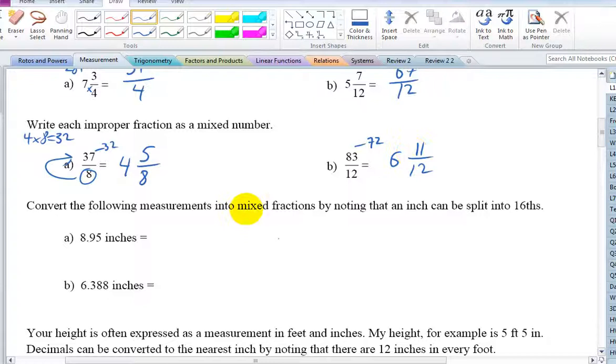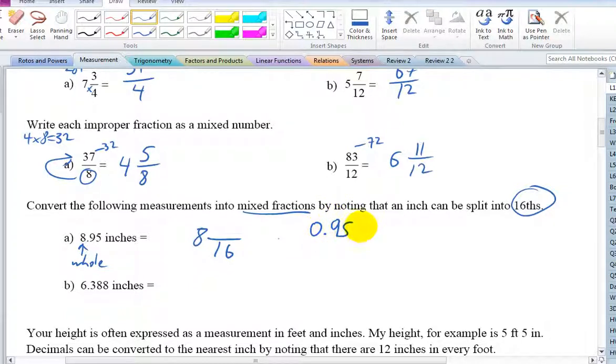Okay, so we have to convert the following into mixed fractions. Note that the inches can be split into 16ths. Okay, so what we have here is a whole number, which is 8. And we have to figure out how many 16ths are remaining. So we take our decimal. We're not worried about the whole number. We already know there's 8 inches.